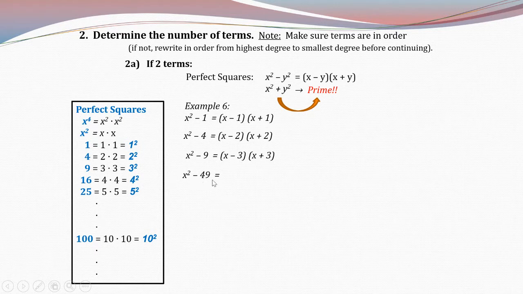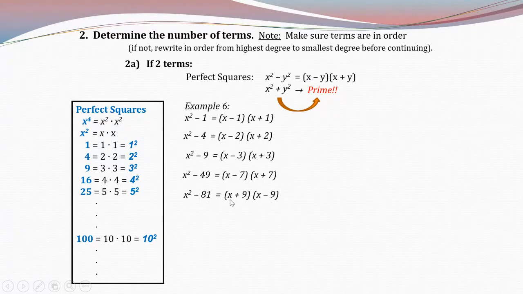X squared minus 49? Anybody? So this will be x minus 7 and x plus 7. X squared minus 81 is going to give us x minus 9 and x plus 9.